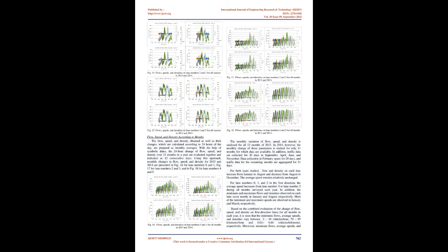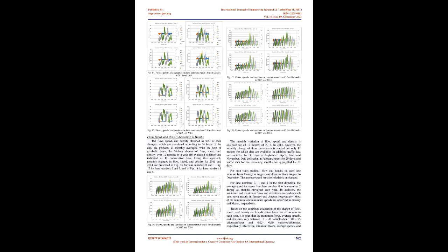Their values are 1.65 vehicles/hour and 0.016 vehicles/kilometer, respectively. The lowest minimum average speed is 68 km/hour, which occurs on lane number 5 at 4:25 in January 2013.